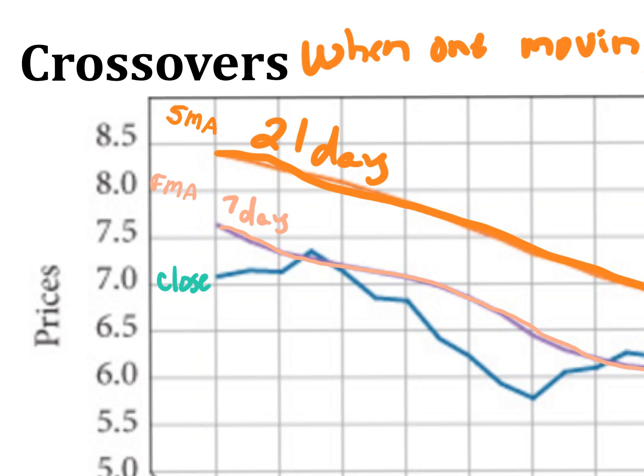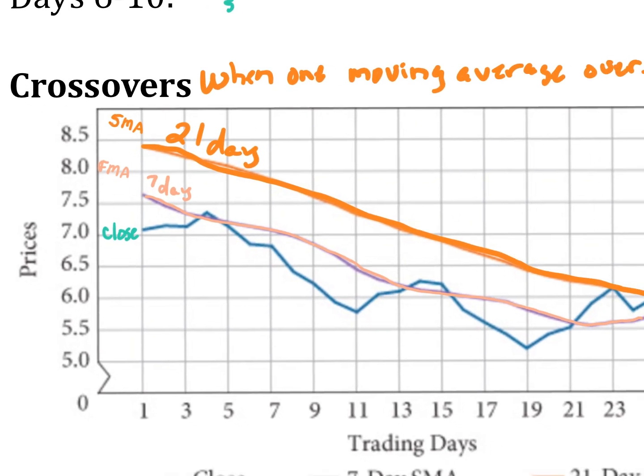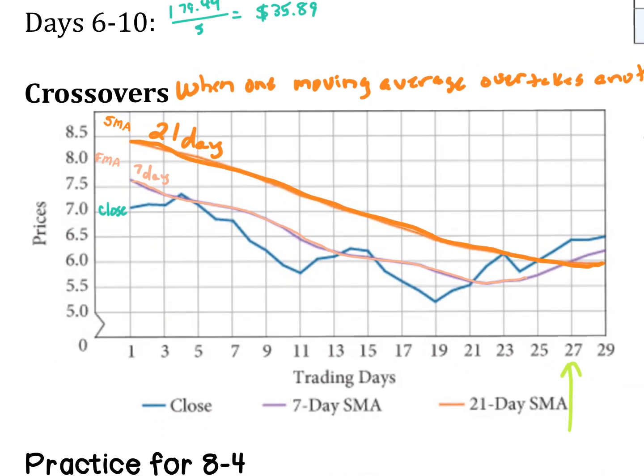So the blue jagged one is all of the different closing prices, right? And then we have a slower moving average and then a faster moving average. That light orange, which I color coded for you guys, is a 7-day simple moving average, and then a 21-day simple moving average.